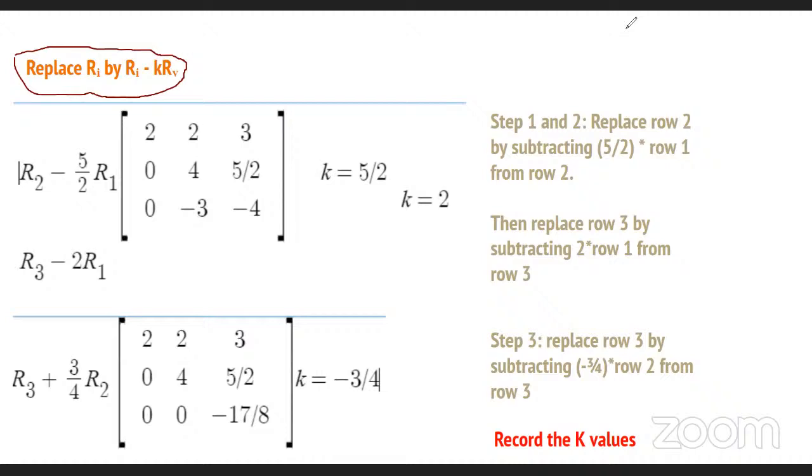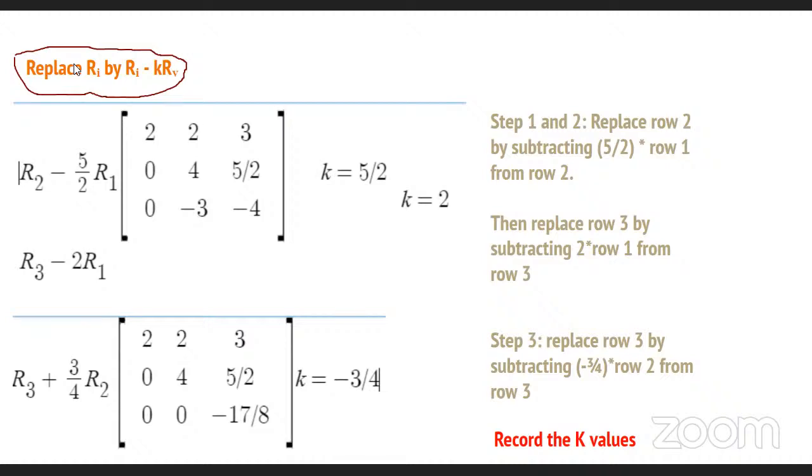If you look at the annotation I made up here, replace Ri by Ri minus K times Rv. This simply means replace any random row by subtracting from that random row K times another random row.